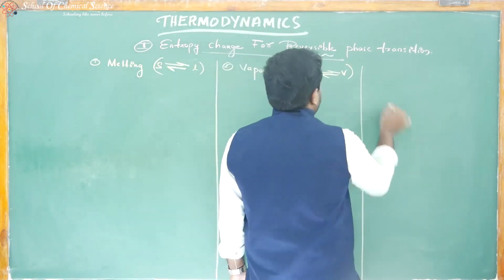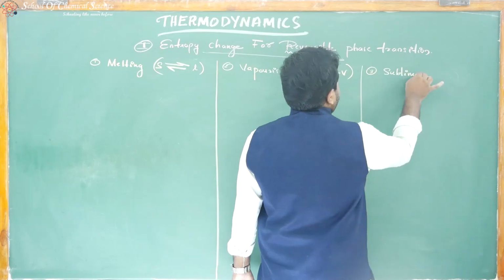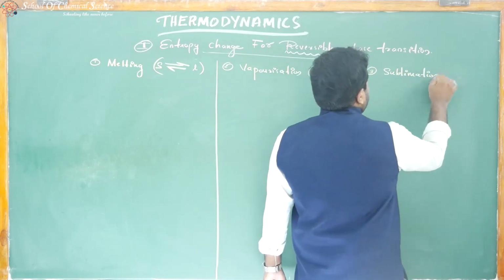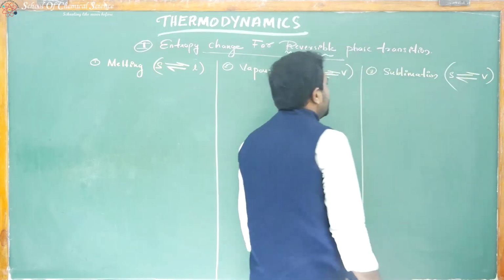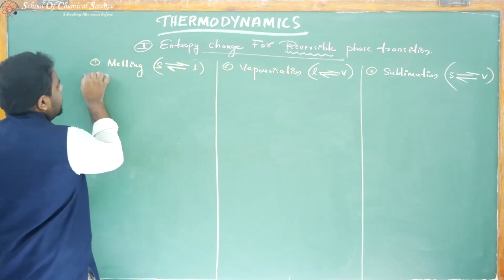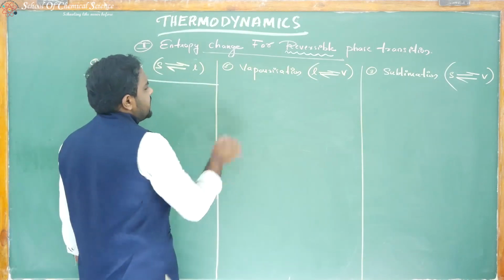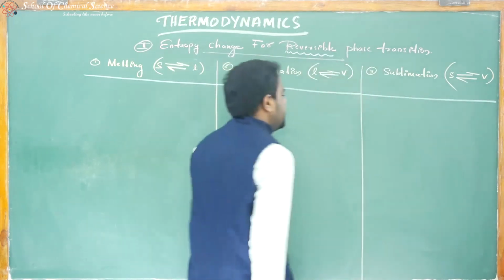Third one, sublimation. Solid is directly converted into vapor. So melting: solid to liquid; vaporization: liquid to vapor; sublimation: solid to vapor.